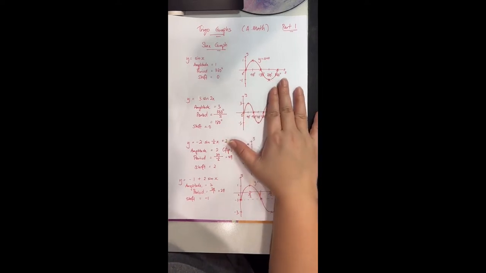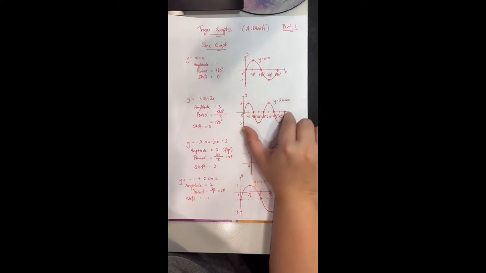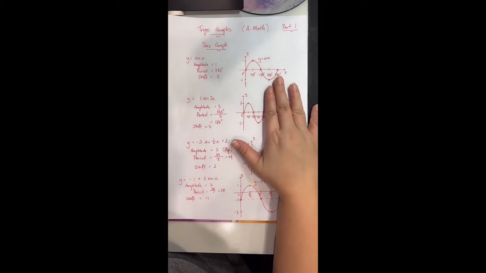Okay? Once we have all these things ready, now we can mark our 5 critical points. Sine graph starts from 0, and your 0 is your middle line, which is your x-axis. 0, max, 0, minimum, and 0. The 5 critical points. Then you can draw the shape already.